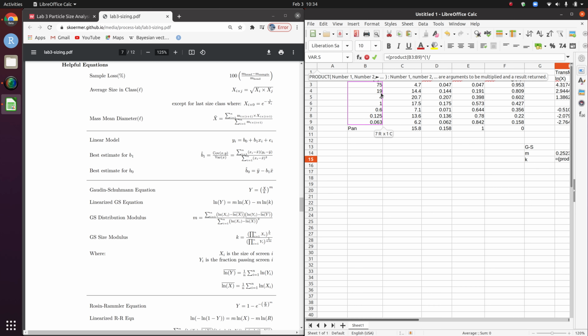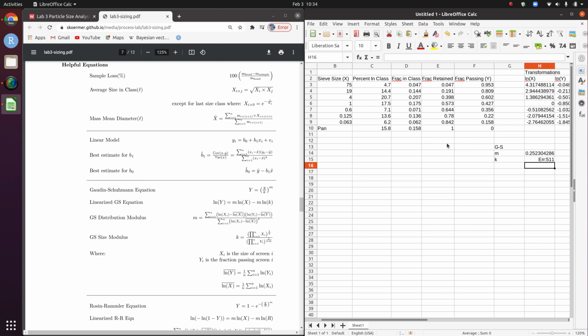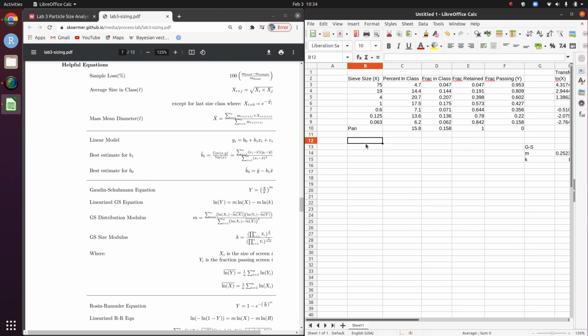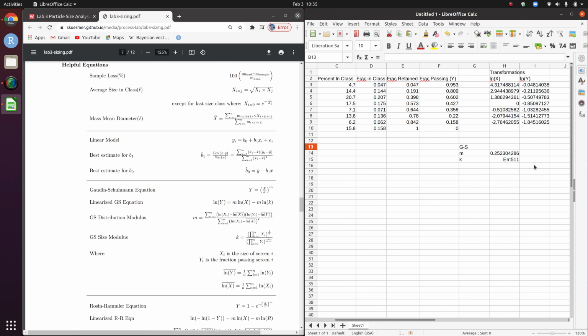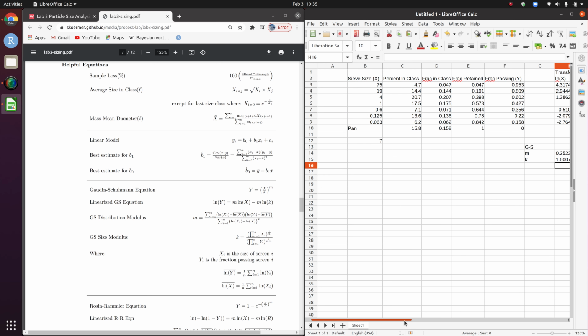So in this case, it's going to be seven. Divided by 1 divided by count. Alright, that's our numerator.